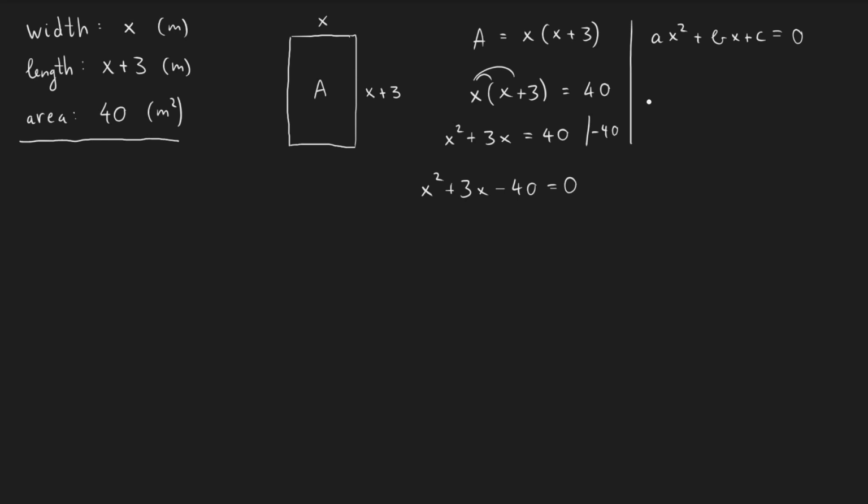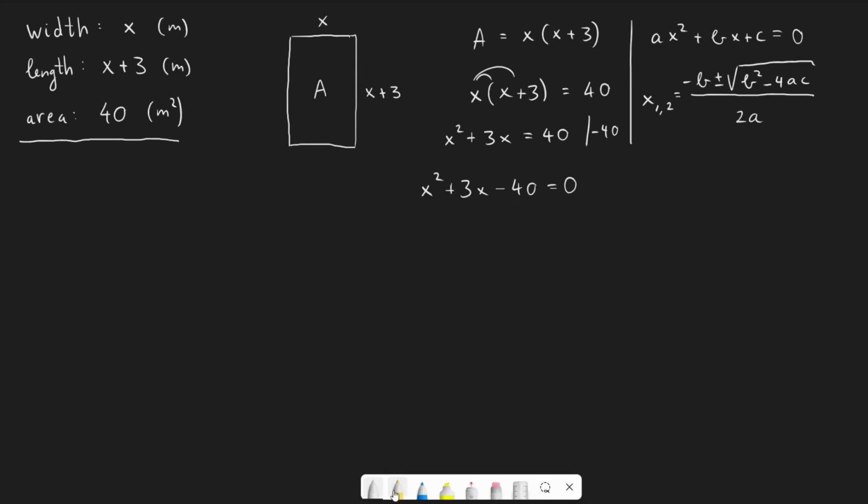I will write down the solution formula for the quadratic equation. If you didn't see the video for that, then I can recommend to watch that. So x1,2 equals minus b plus minus square root of b squared minus 4ac over 2a. So we will have two solutions for x.